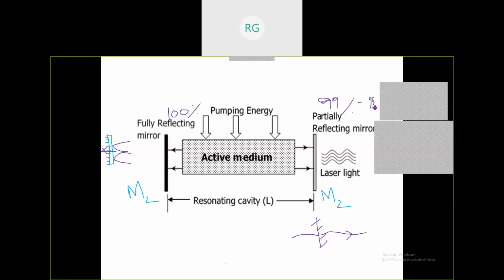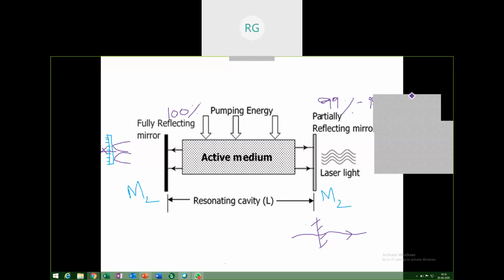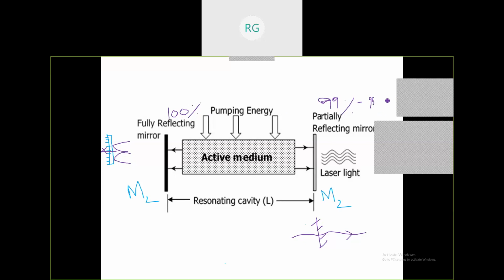Thereby you can see here that one photon is going like this, it hits, and coming back, while coming back it initiates another atom to come down and it gives one more photon. So two photons are now there, and two photons will come here.